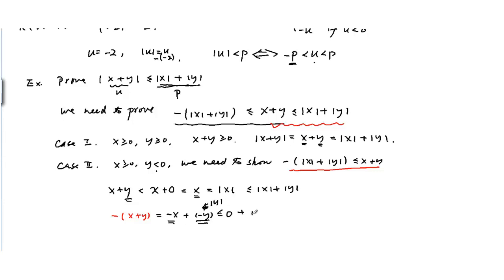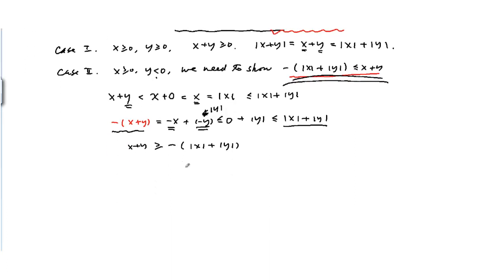So this is less than the absolute value of x plus the absolute value of y. Multiplying both sides by negative, x plus y is greater than or equal to negative absolute value x plus absolute value y.